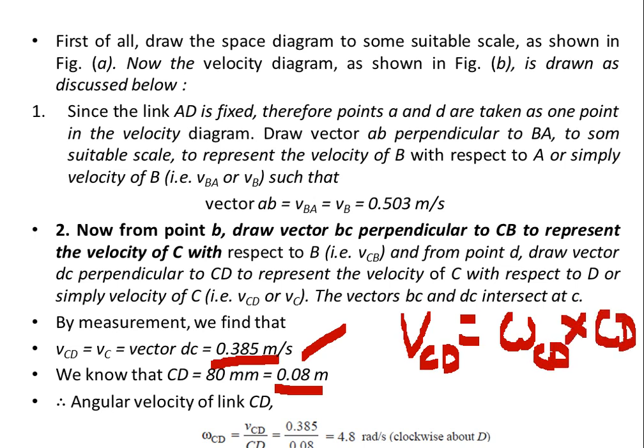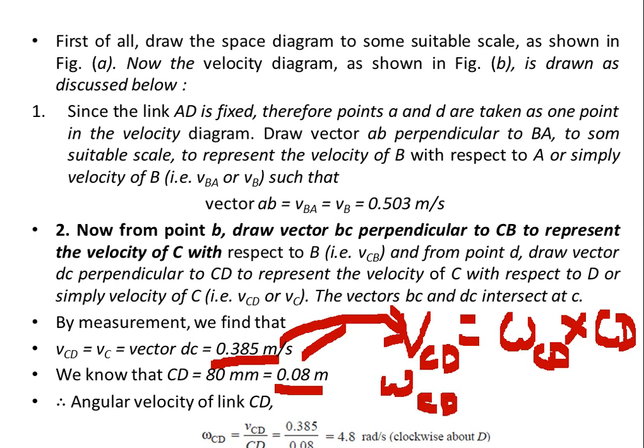So same way for CD, linear velocity will be equal to angular velocity multiplied by the length of the link CD. So now in reverse, you got the VCD value, velocity of CD already known to you, that is 0.385. So omega CD can be calculated.